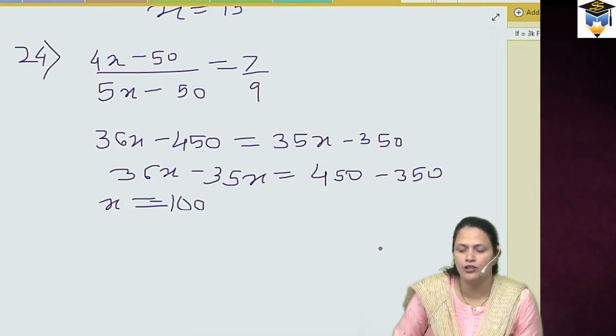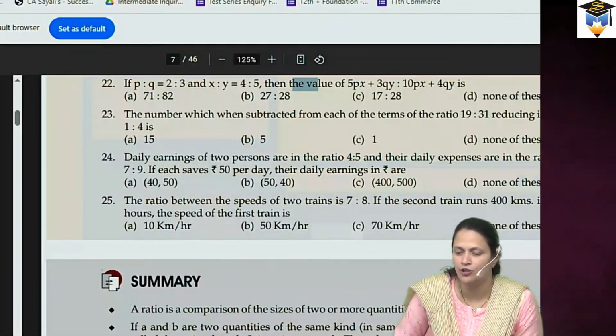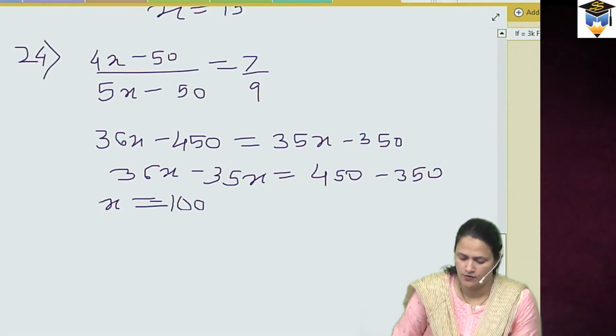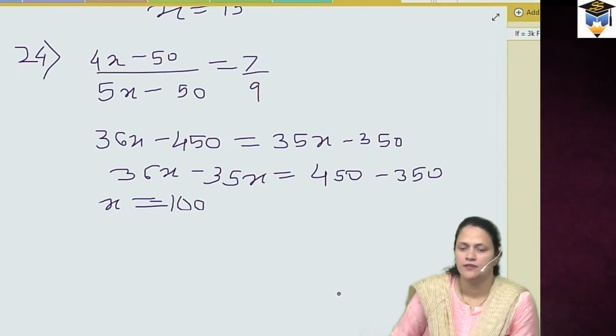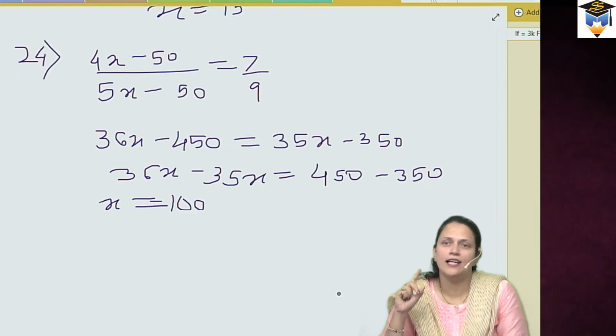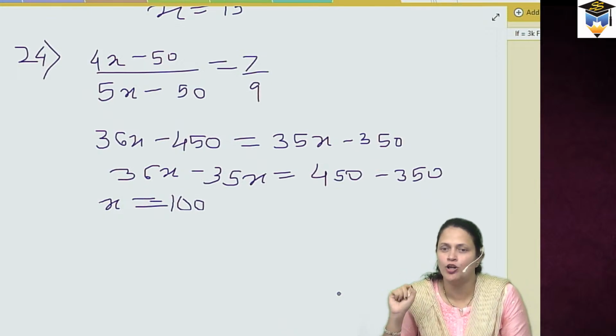So option C for the 24th sum. Answer is option C for the 24th sum. 400, 500. So just write this down. If you don't understand, please ask, but get your doubts cleared.